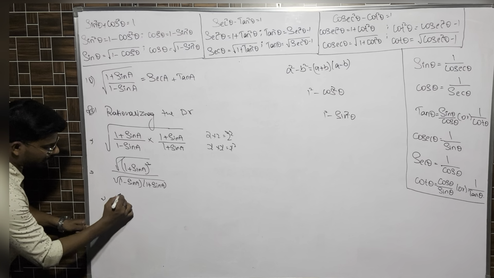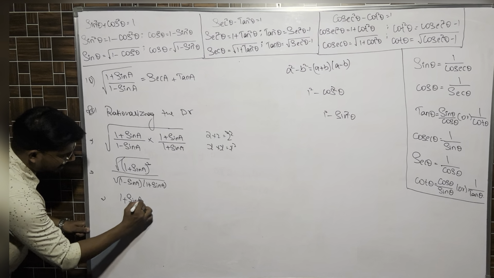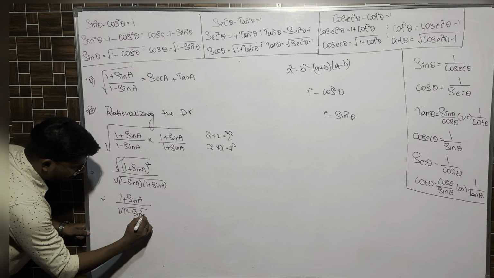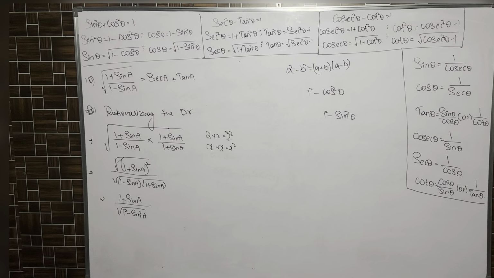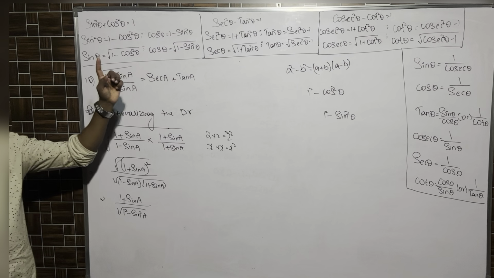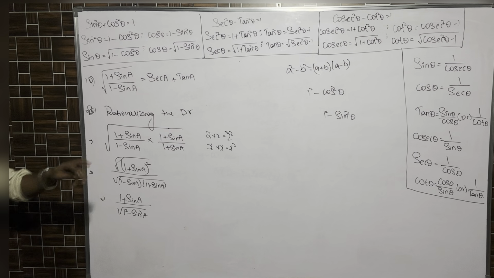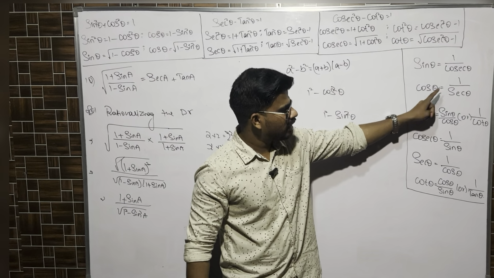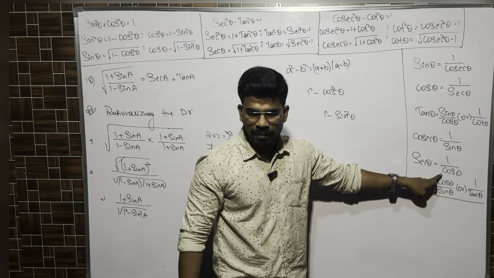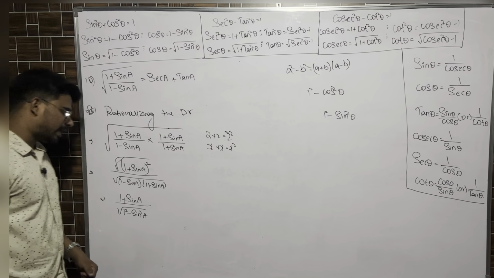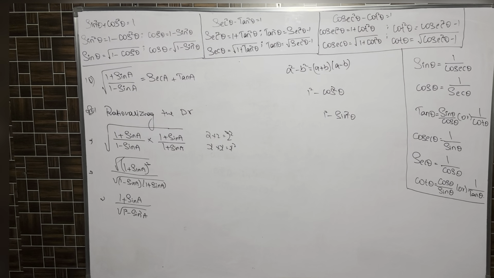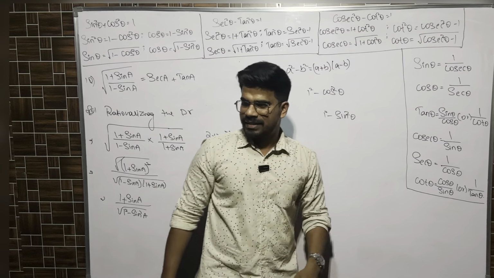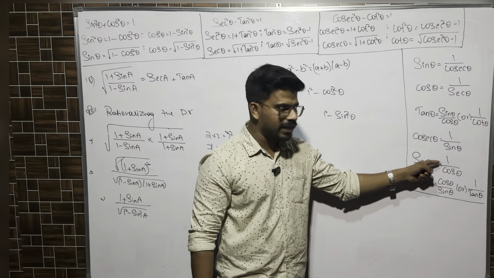So in the numerator we have 1 plus sine A, divided by under root 1 square minus sine square A. And while solving you have to keep an eye on what is required to prove. So we have to get secant. Look at the formula for secant. Secant is 1 by cos. Tan is sine by cos.